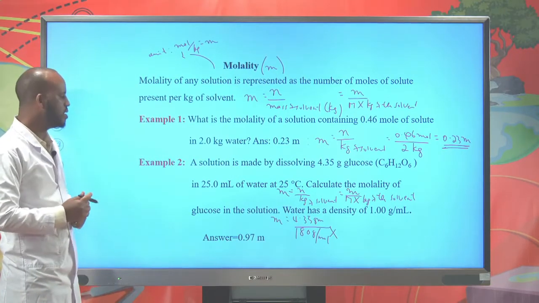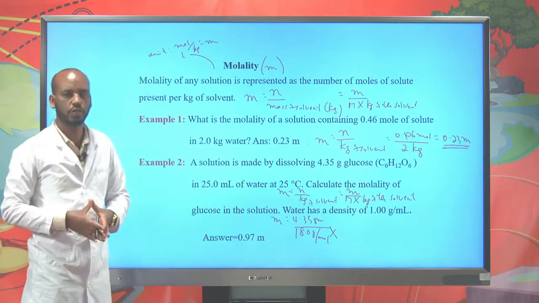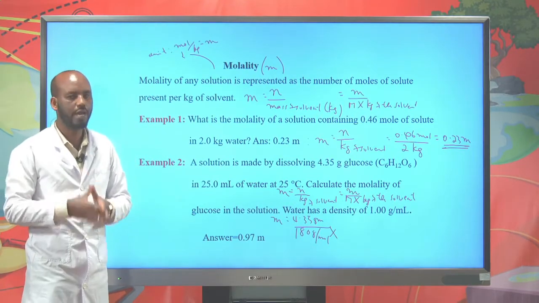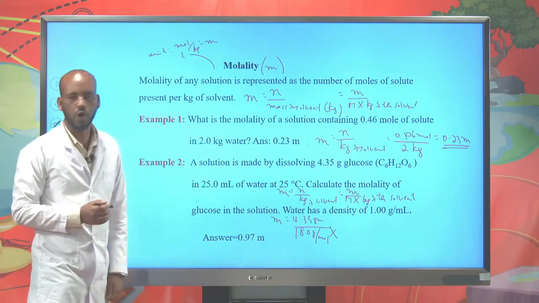Here what is given? Volume of water and density of water is given. We can calculate mass of water from density and volume.